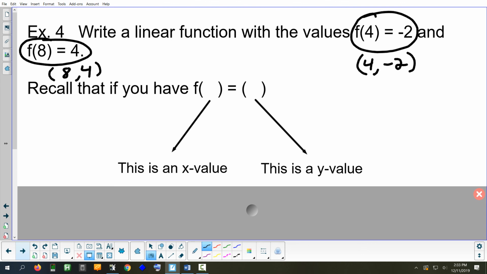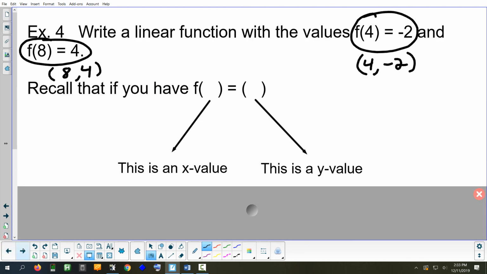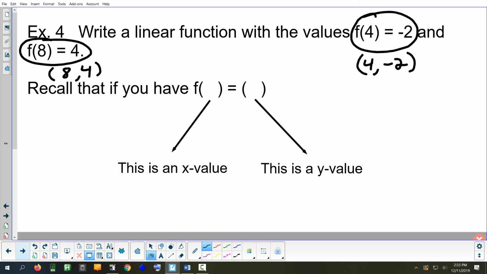Now look at this problem. You've got a coordinate. You've got another coordinate. It's exactly the same as the problem we just did. A coordinate and a coordinate. Except this time, I'm not going to have you write it in slope intercept. You're not going to have to do the extra step. So, what's the first thing you have to find if they give you 2 points? What am I missing that I need?